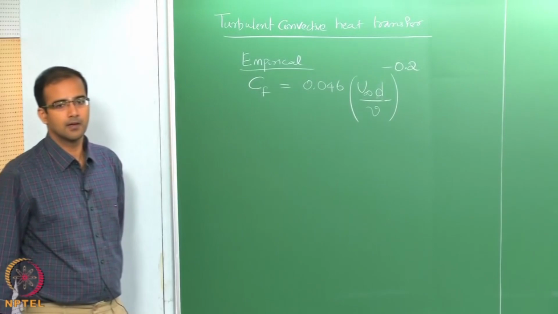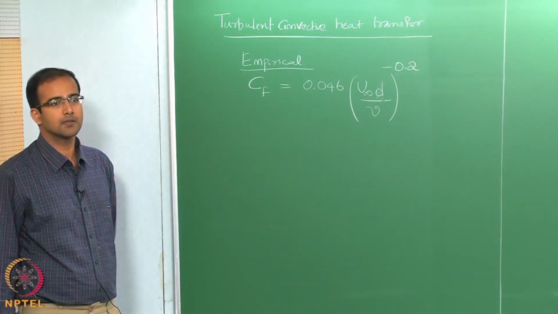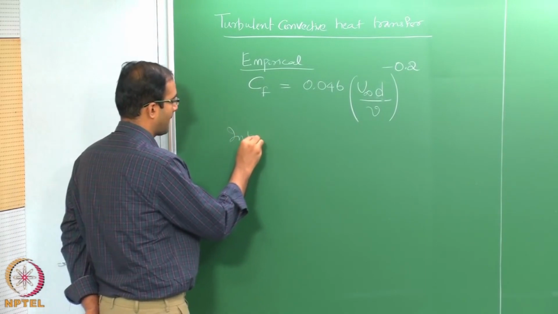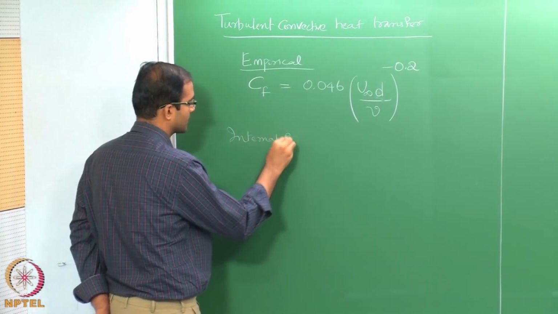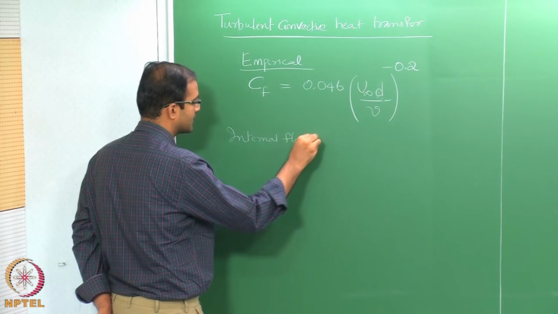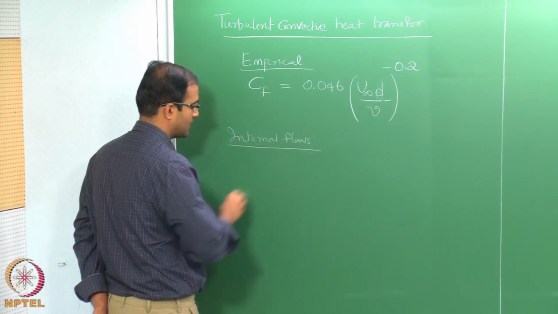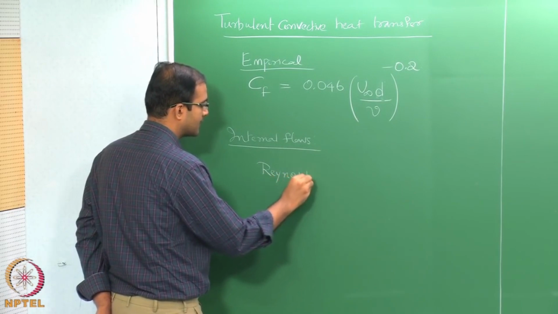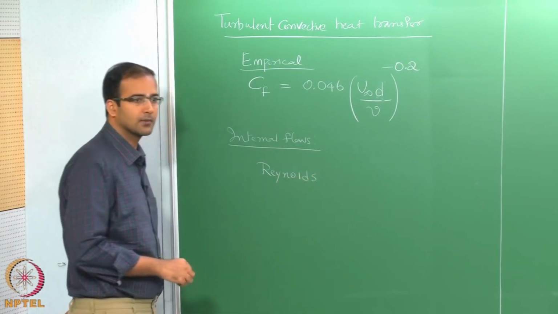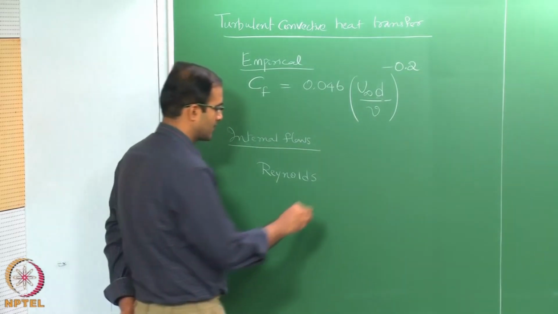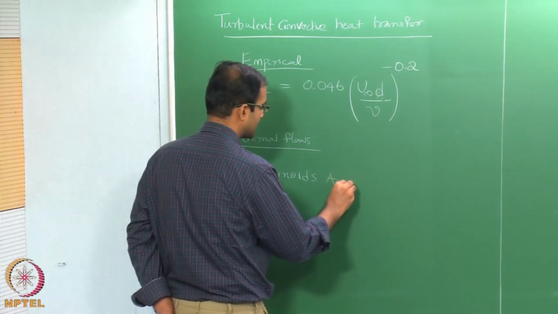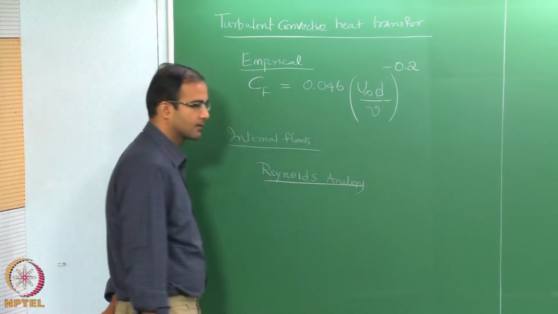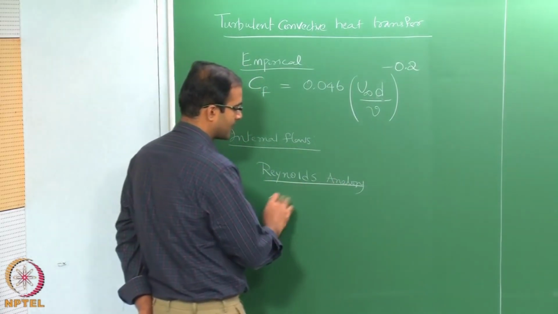Right, and then the next step, if you take the case of internal flows, the simplest analogy that we have derived so far is the Reynolds analogy, which considers the entire boundary layer to be purely turbulent. So, for this case, what does the Reynolds analogy say?